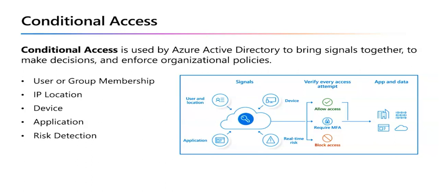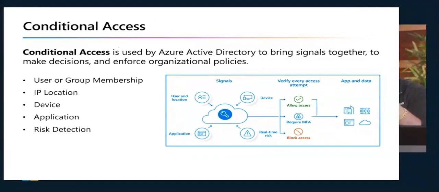But worst case scenario, if Thomas is connected from a non-corporate device on a non-corporate network, then sorry, Thomas, you're not meeting any of them. You're getting denied automatically. Remember, conditional access is a tool that Azure Active Directory uses to allow or deny access to resources based on identity signals. These signals include who the user is, where the user is, and what device the user is requesting access from.